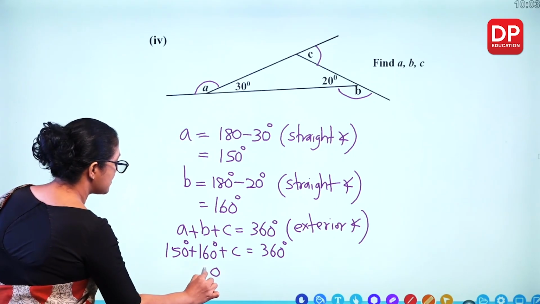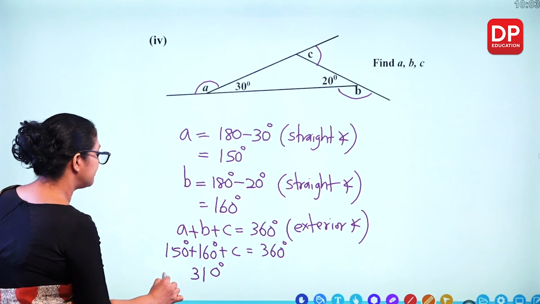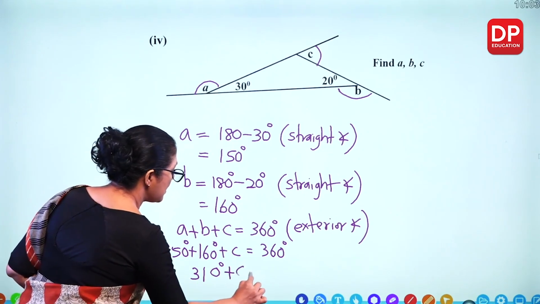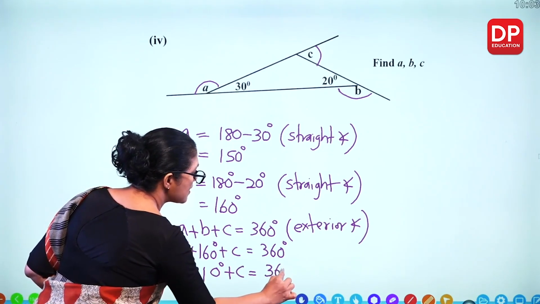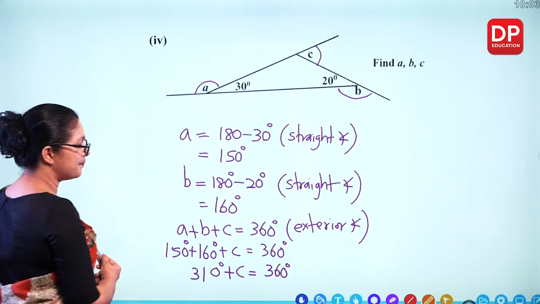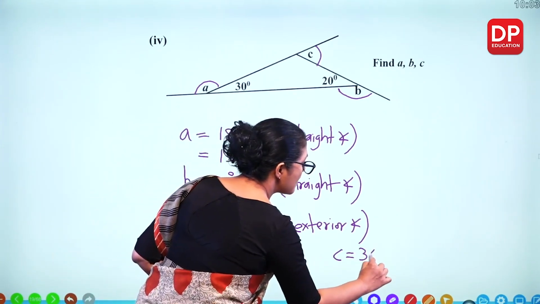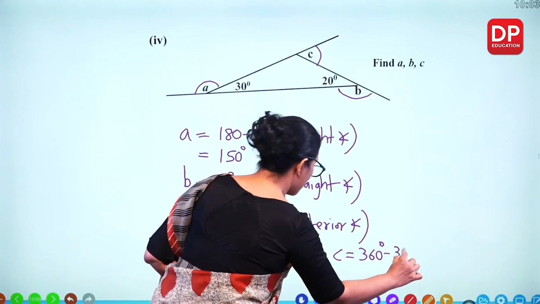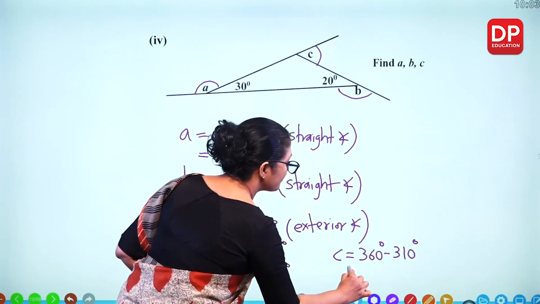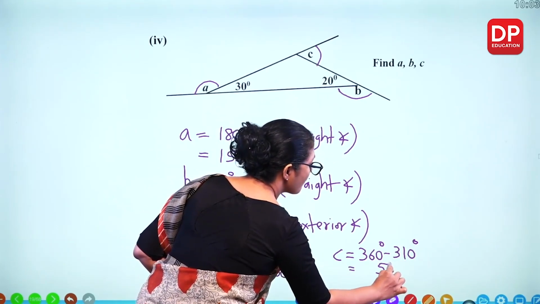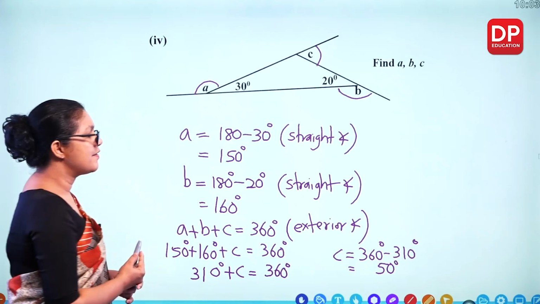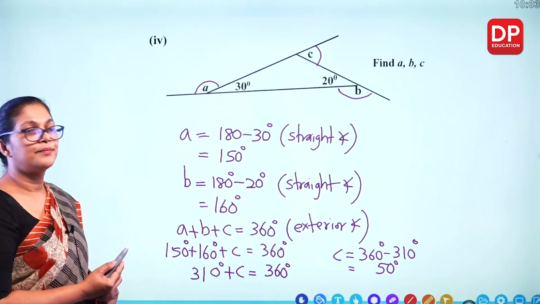So add these, 310 plus C equals 360. So what's C? C becomes 360 minus 310. You get 50 degrees for C.